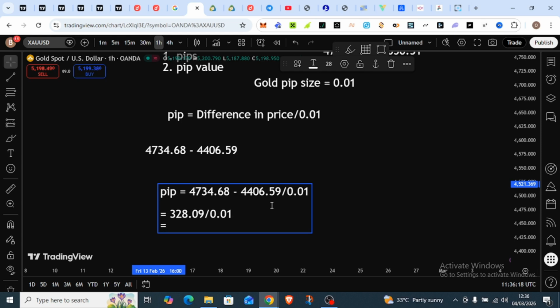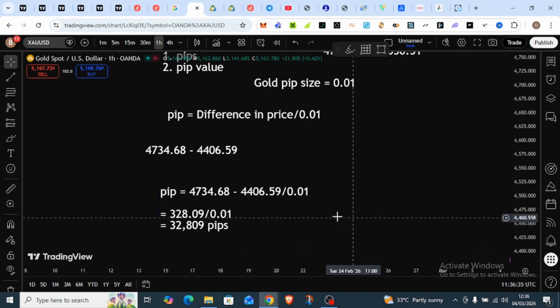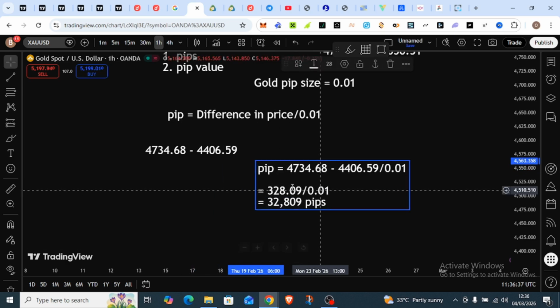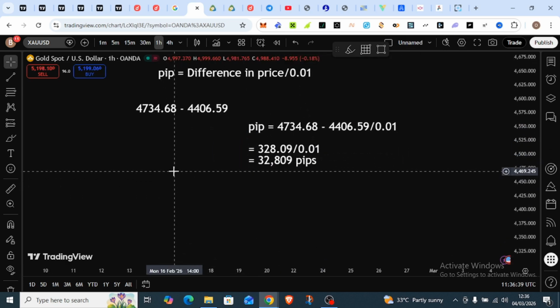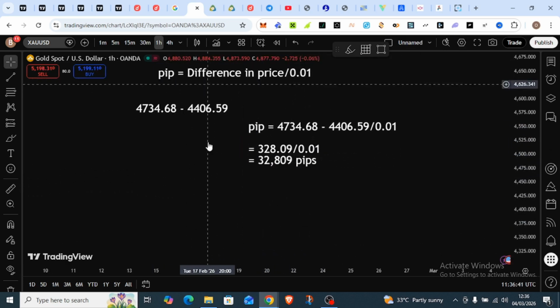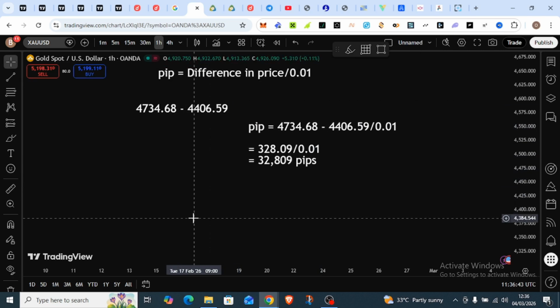This is going to give us 32,809 pips. It's a very good example of how to calculate pips in gold. Just use this formula and you are good to go.